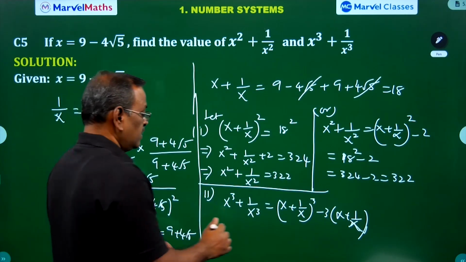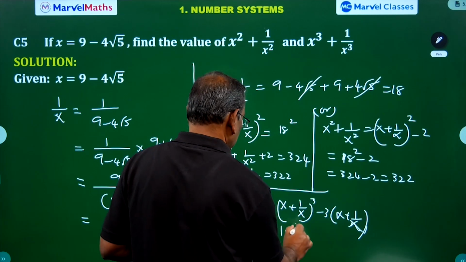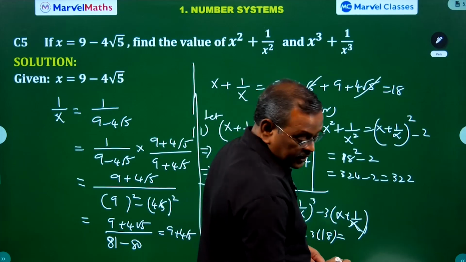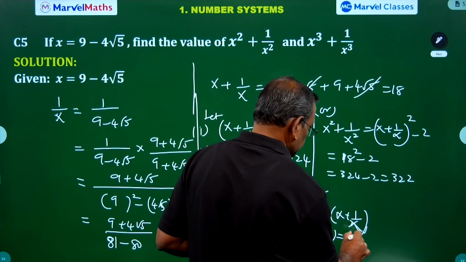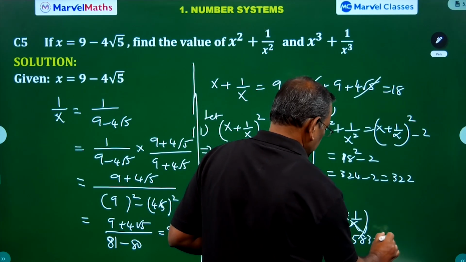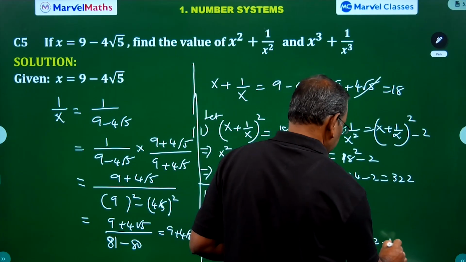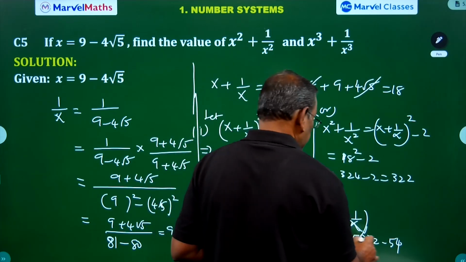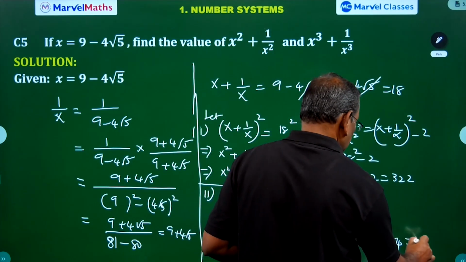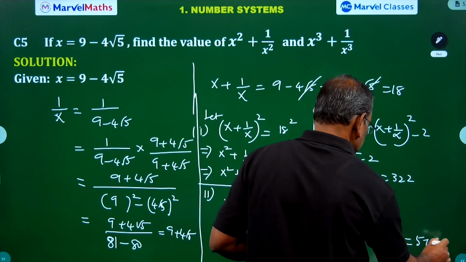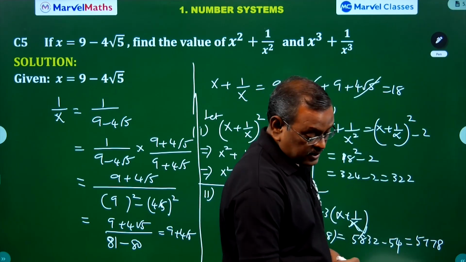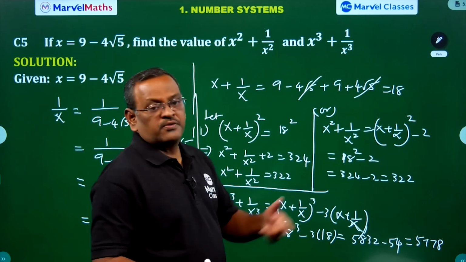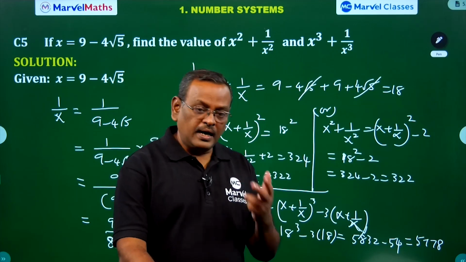So x plus 1 by x whole cube is 18 cube minus 3 into 18, and 18 cube is 5832 minus 3 into 18, 54. So if you subtract, it is equal to 5778.